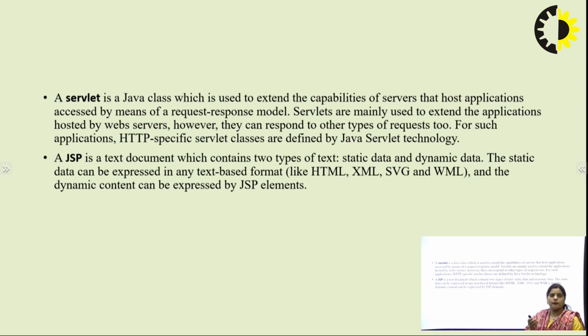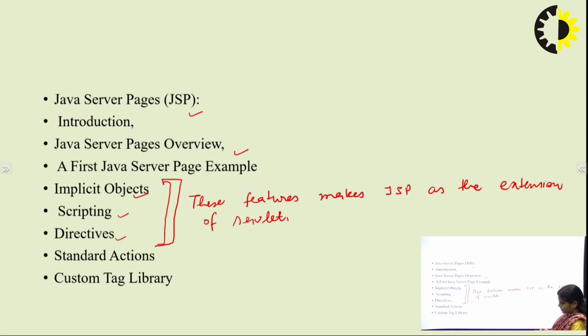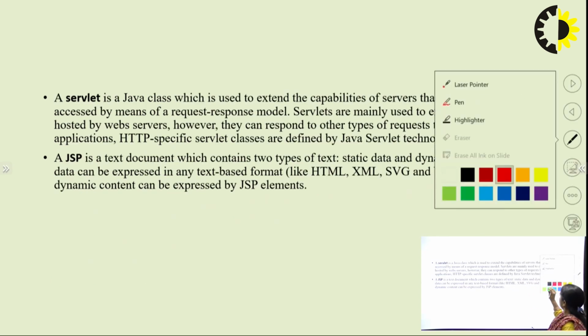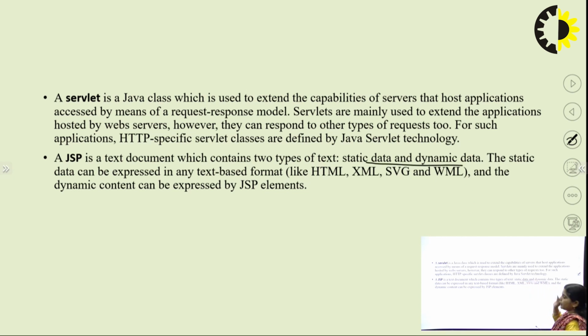days, CGI. So the servlet is the replacement of the CGI, and JSP is not, we can say, a replacement of servlet, but it is a kind of extension of servlet having some advantages over both the servlet and CGI. So JSP is generally a text document which basically contains two types of text: static data and dynamic data.